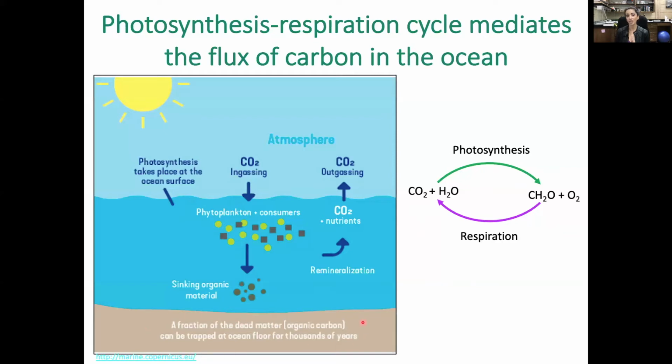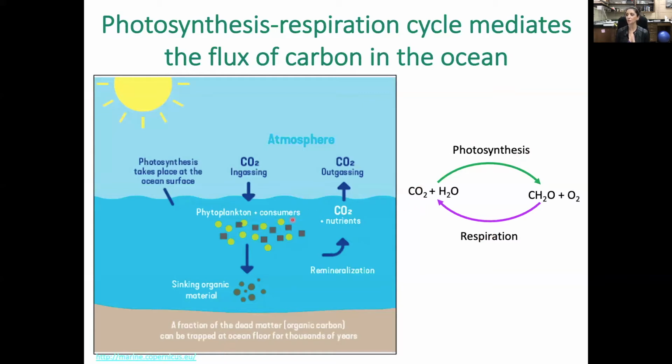And so there's a fraction of dead matter or organic carbon in the form of bodies of photosynthetic organisms that are actually trapped in the seabed and become buried for hundreds of thousands of years, sequestering that carbon from being able to be put into the photosynthesis respiration cycle. So some of that carbon is removed from the cycle, but some of it persists in the cycle.